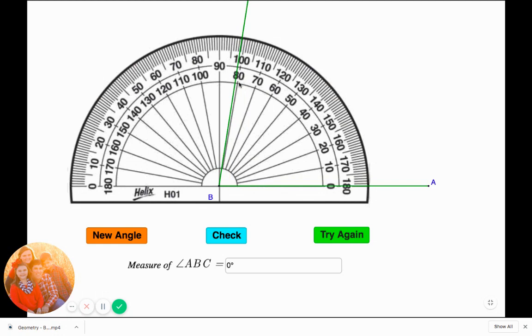If you zoom in, this is 70, 80, 81. It's through that first mark past here. So that would be 81 degrees. All right, we're good.